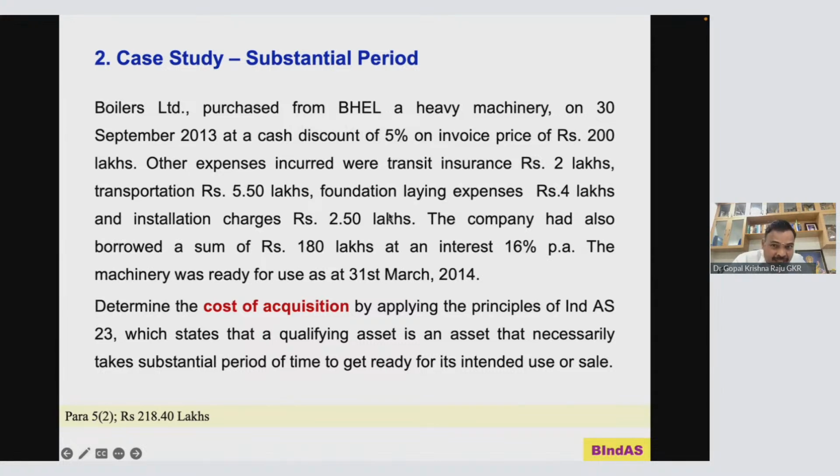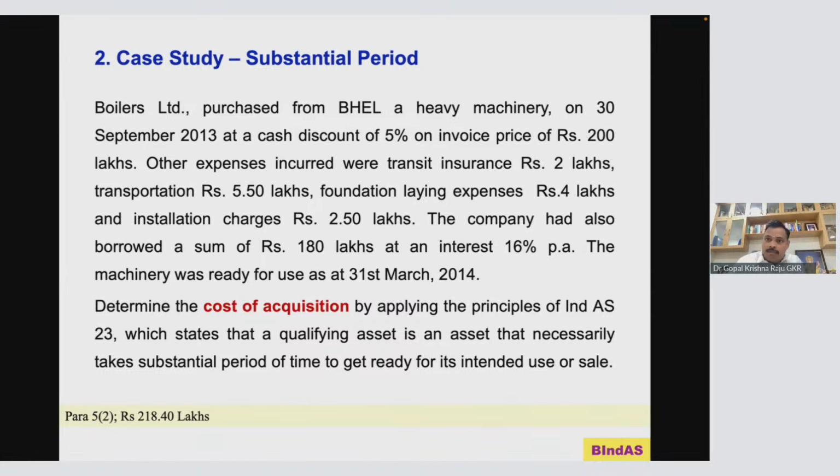Now it is very similar to your property, plant and equipment. So add all this. So plus 2 lakhs, that means 192, plus 5.5, that means 197.5. Foundation laying expense plus 4 lakhs, so 201.5 lakhs. And installation charges 2.5 lakhs. Sorry, I think I missed it.